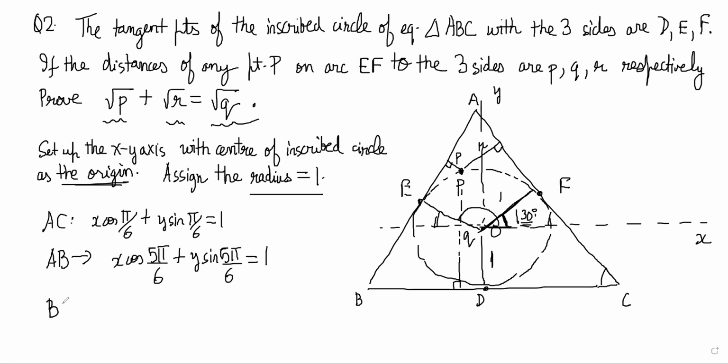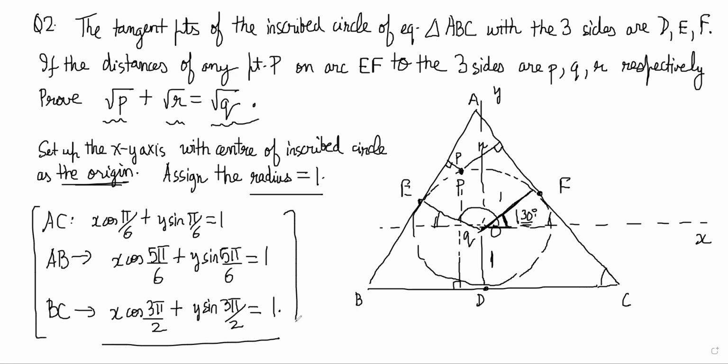And similarly, the BC side, using the normal form of a straight line, will become x cos 3 pi by 2 plus y sin 3 pi by 2 is equal to 1, right? These are the equations of the three sides that we are getting if we choose the origin as the point which is the circumcenter of the triangle or the center of the inscribed circle.